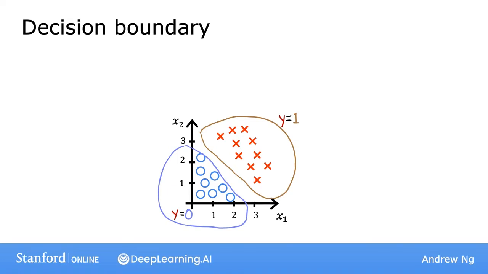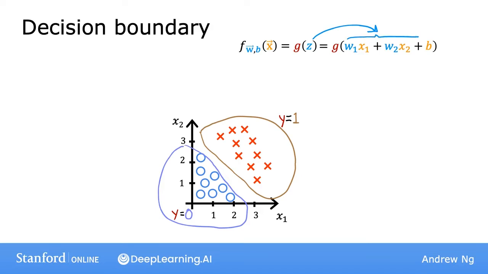So the logistic regression model will make predictions using this function, f of x equals g of z, where z is now this expression over here, w1x1 plus w2x2 plus b, because we have two features x1 and x2. And let's just say, for this example, that the values of the parameters are w1 equals 1, w2 equals 1, and b equals -3.